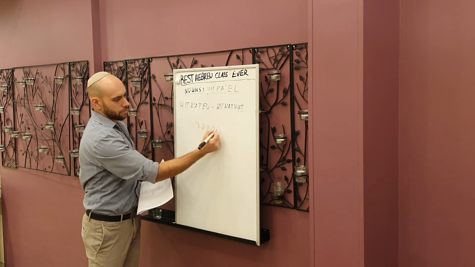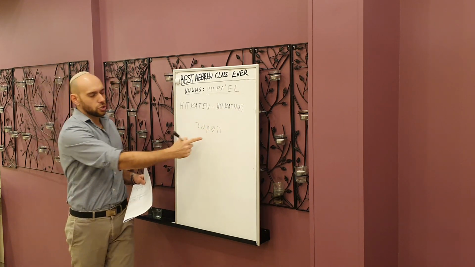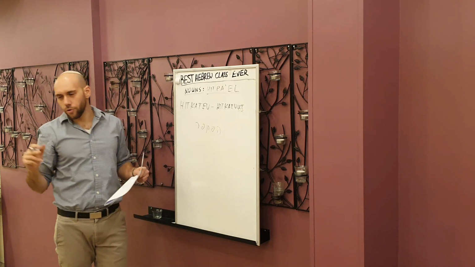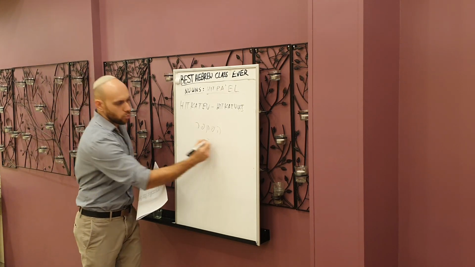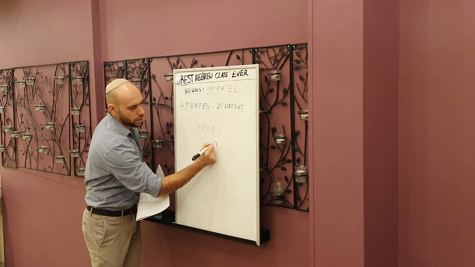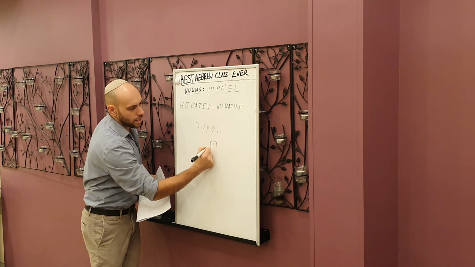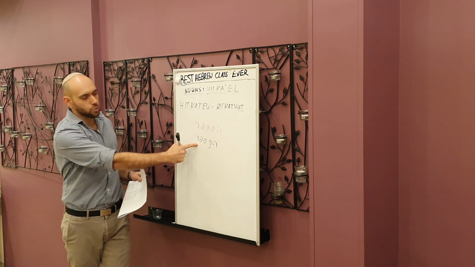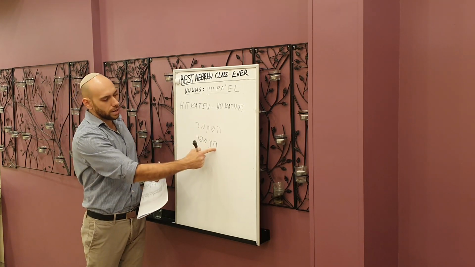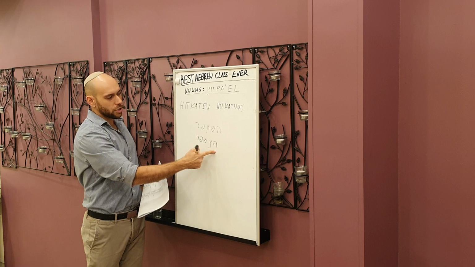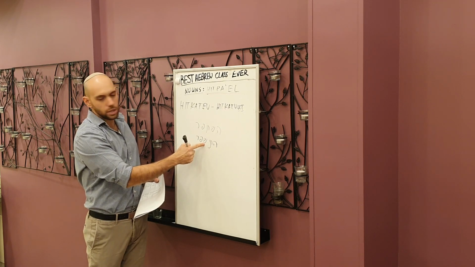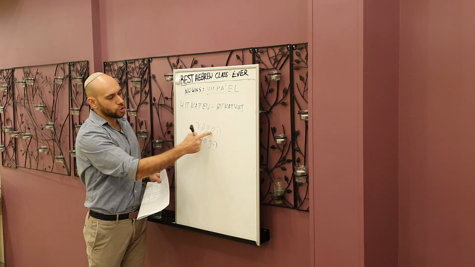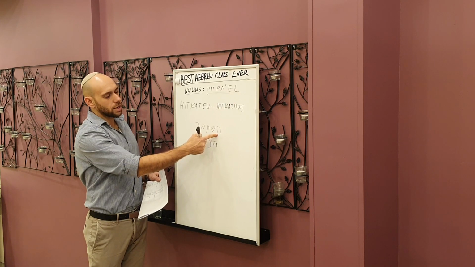Hishtaper. If it was like any other word, you would think it would be hitshaper. That's because you have the root here. But that's wrong, because in Hebrew there's a rule that if the first letter is a shin, it's going to switch with the tav, and so it's hishtaper.